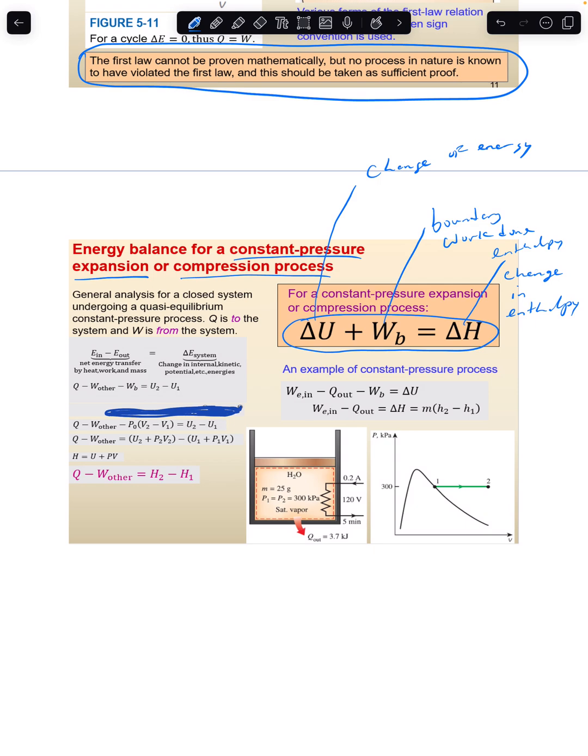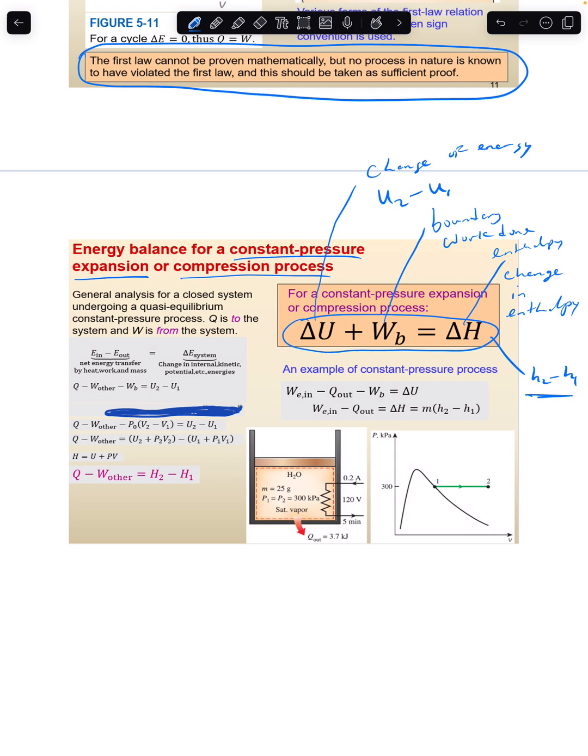This change of energy can be the potential energy in principle, but not the kinetic energy. So this can be U2 minus U1. This can be H2 minus H1. So this is what it is.